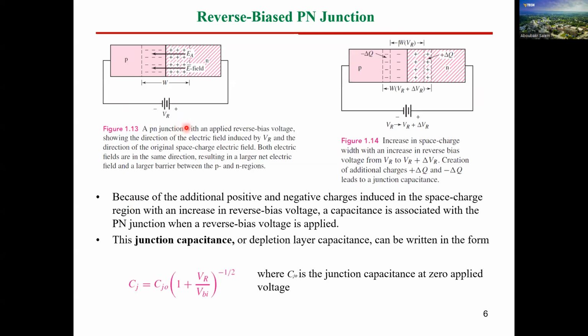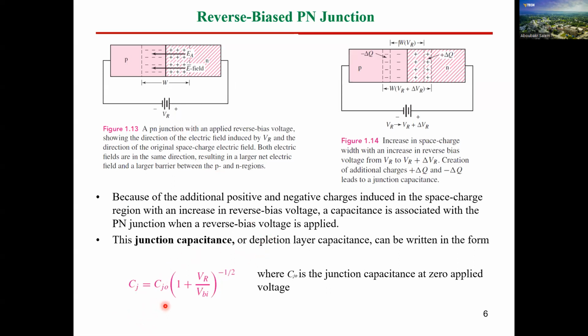So now you have two different layers with bigger distance. Bigger distance in between means as if it's insulator material. And you know, insulator material between P and N means this is equivalent to a capacitor. So this makes the current flow much harder in this case. And this is actually the junction capacitance.